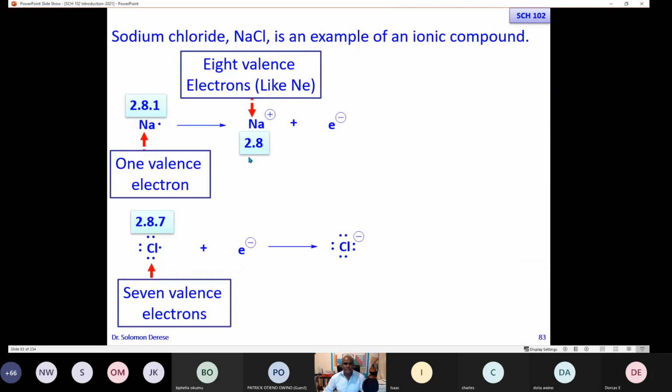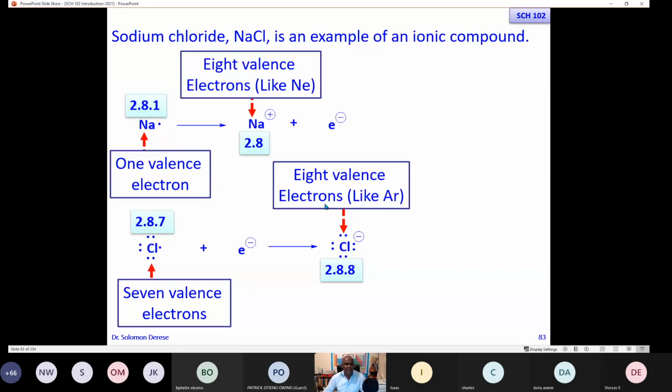So the sodium gives up its electron, and then that electron will be picked up by chlorine, because in the process, chlorine will have 8 electrons in its valence shell, just like that of argon.